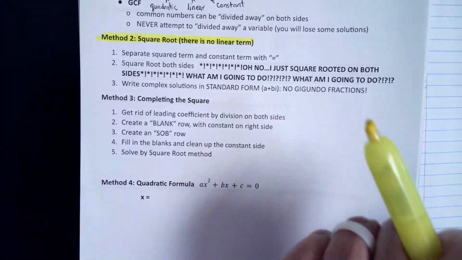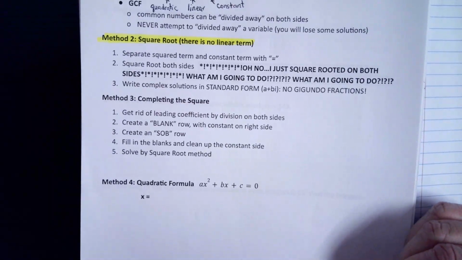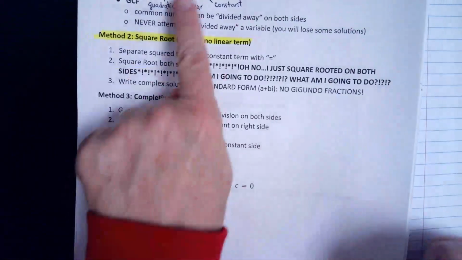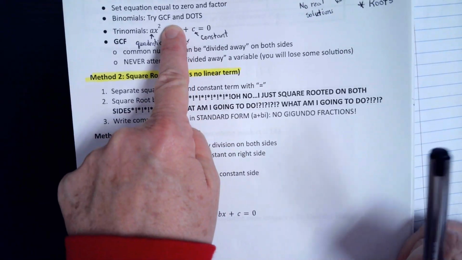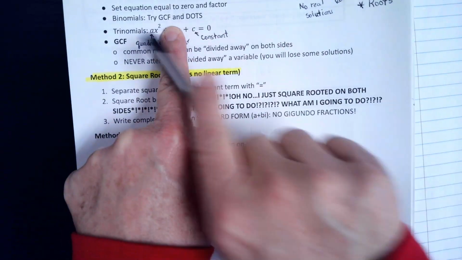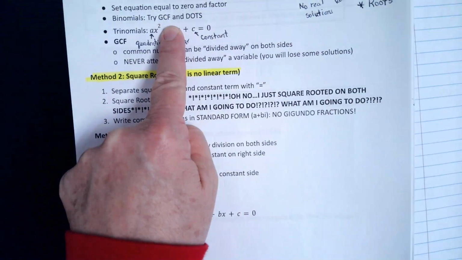All right. The square root method is my go-to method if I don't have a trinomial. If there is no linear term, then I could move the constant over. I could divide by anything that's in front, and then I could square root it on both sides.